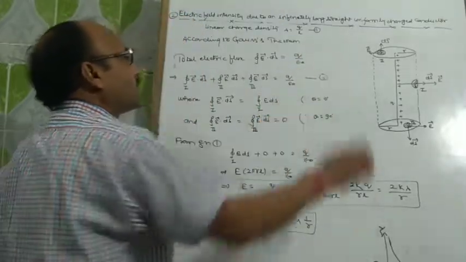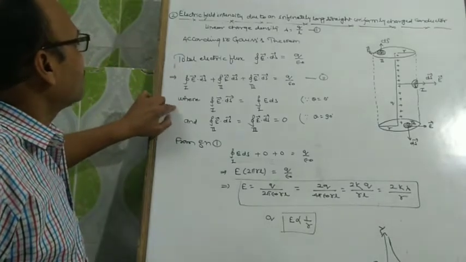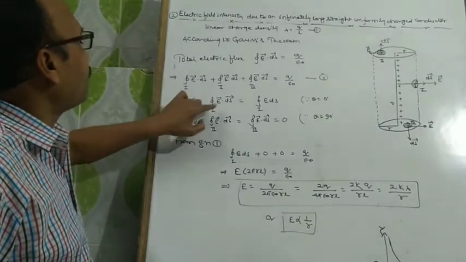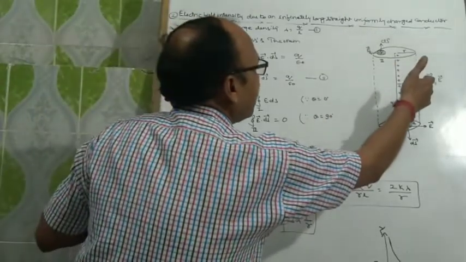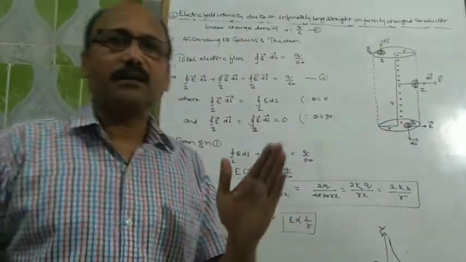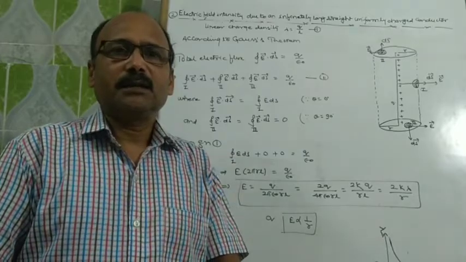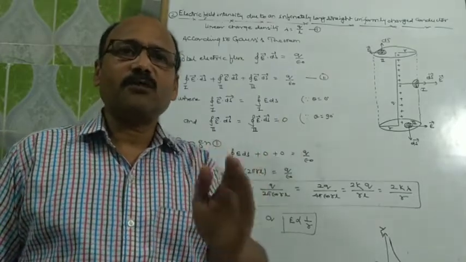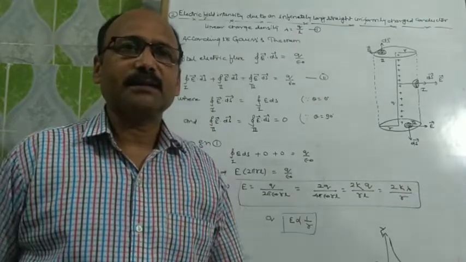After this, for E dot ds from the first surface, you know the electric field produced by a line charge conductor is always normal to the length of it, or it will be in all the directions.